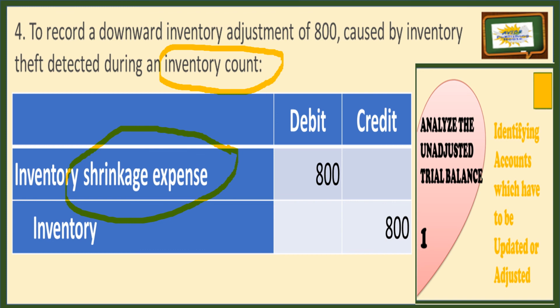So in the physical count using the perpetual inventory system, you will discover spoilages that should be considered as expense of the business. So in this particular case, there were 800 inventory found to be lost through shrinkage. So it should be taken out of the inventory. So debit inventory shrinkage expense 800 and credit to inventory.